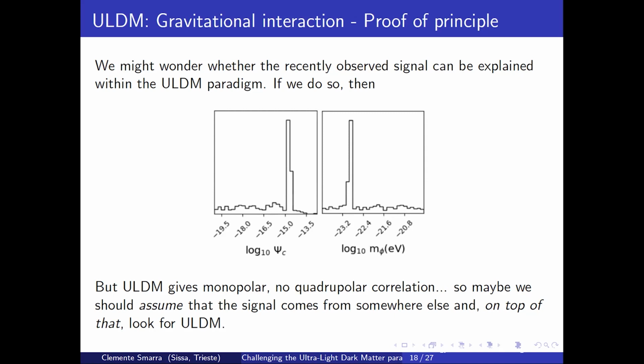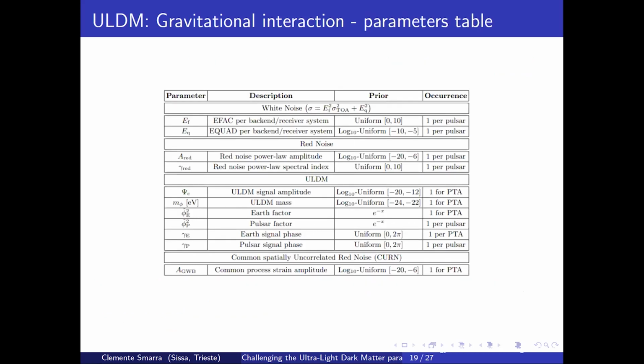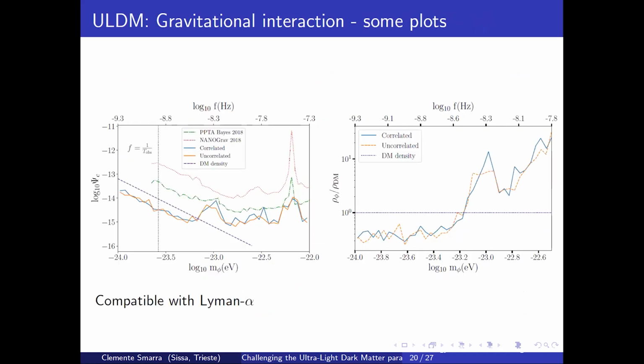So what we did was assuming that the signal observed in pulsar timing arrays comes from something else, which might be black holes or whatever. And on top of that, we want to see if there is some other residual that might be accounted to ultralight dark matter. So we perform the analysis in this setting, and what we find is the following result.